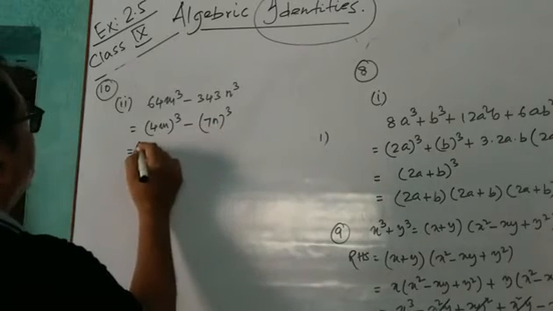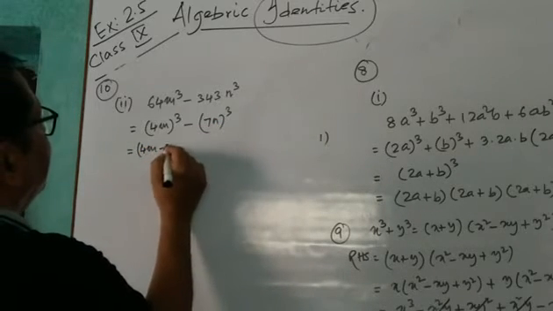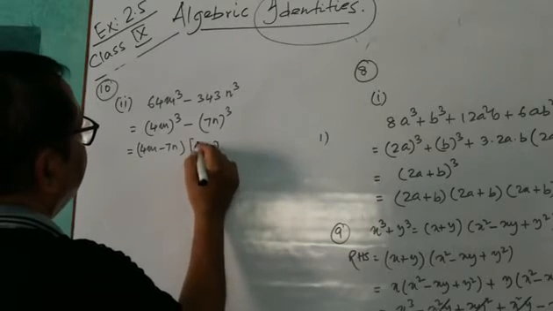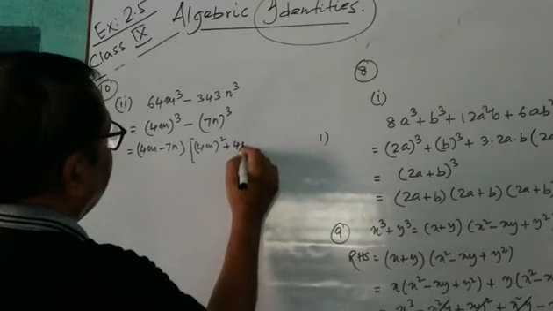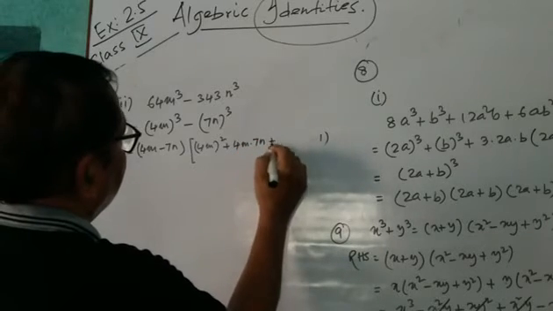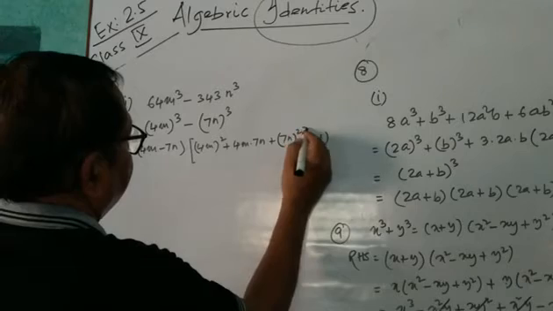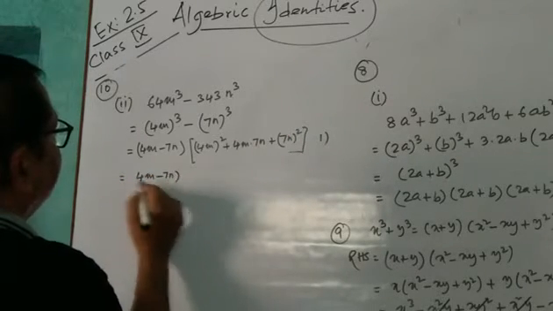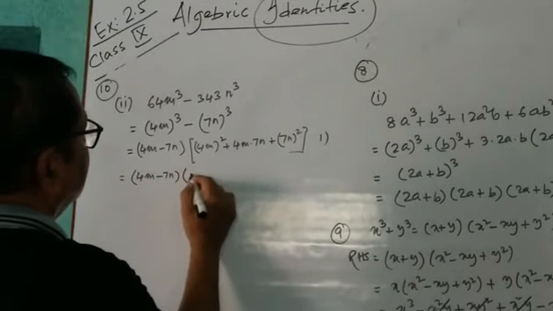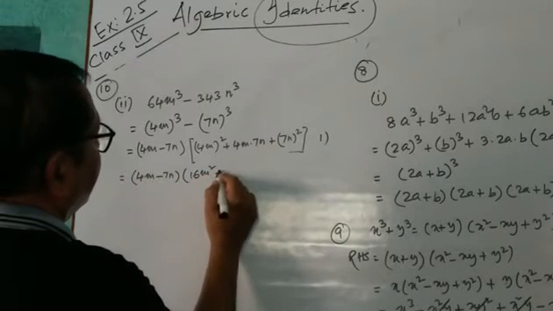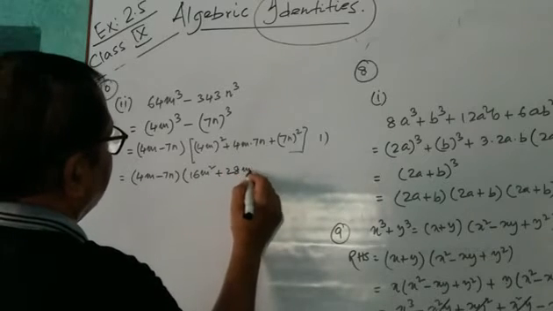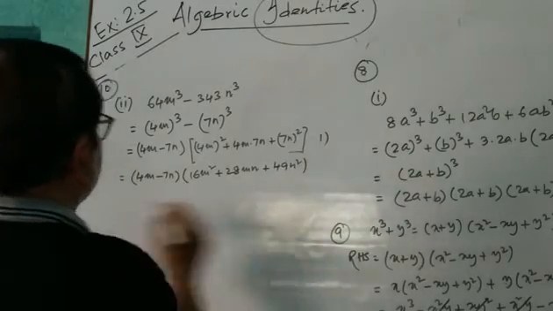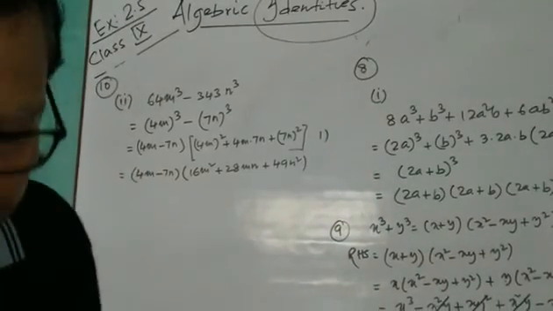Now a cube minus b cube, your formula is a minus b into a square plus ab plus b square. Your answer will be 4m minus 7n into 16m square plus 28mn plus 49n square. And that's all for question number 10.